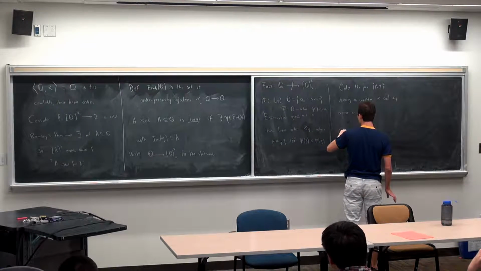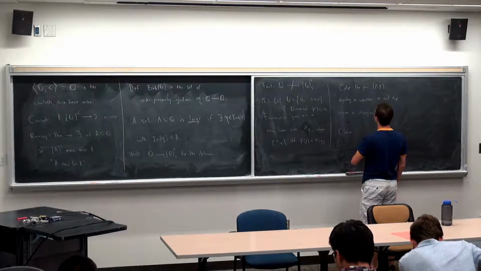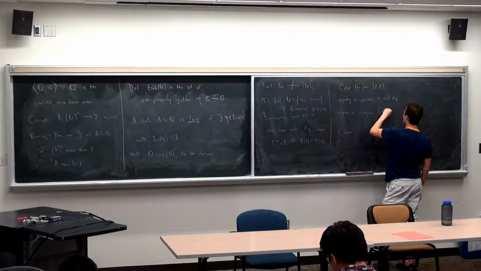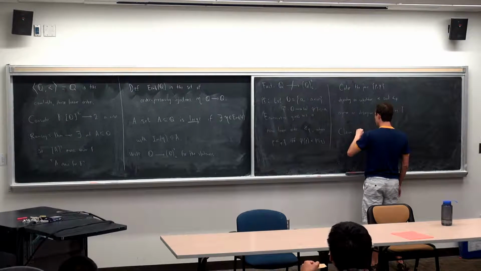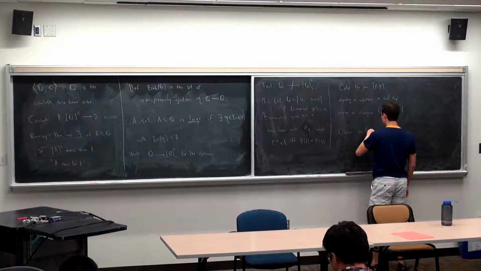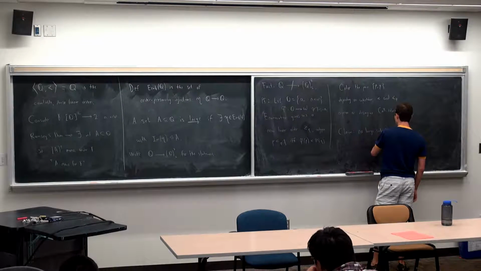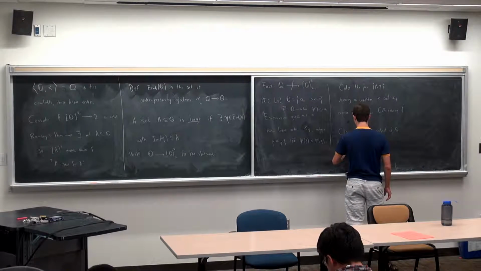So the claim is, and let me call this coloring gamma, no large subset of Q is monochromatic for gamma.